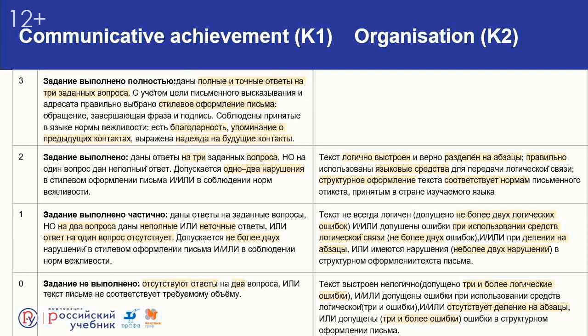In the task, all 3 questions. There are usually 3 questions. We're going to have a look at the sample task and make sure that they answer 3 questions, right? So the style of the essay should be appropriate as required by the task.